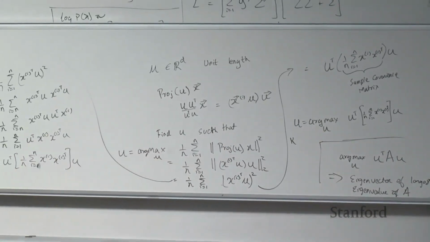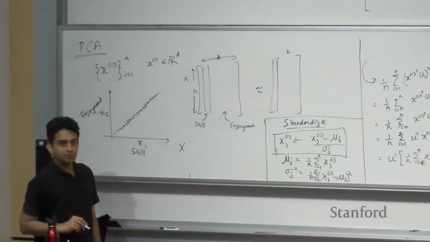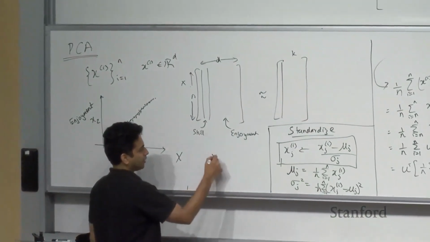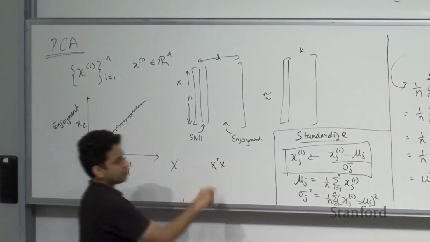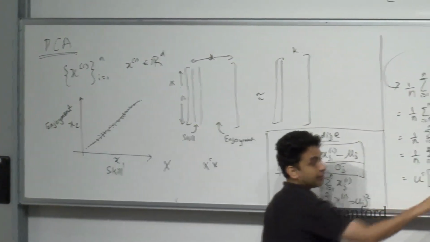So if x is our data matrix, PCA tells us to first calculate x transpose x, right? X transpose x is basically this, written in matrix notation.